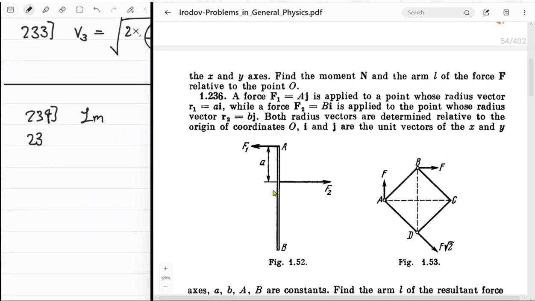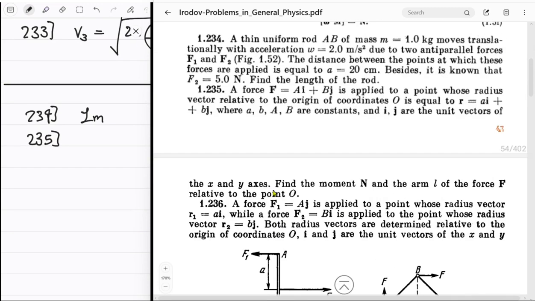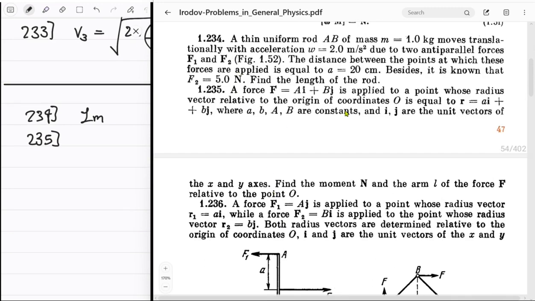Next, 235. A force F is equal to Ai plus Bj is applied to a point whose radius vector relative to the origin of coordinates O is equal to this thing.